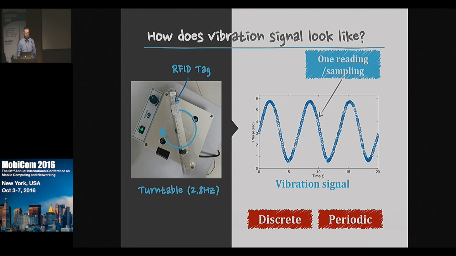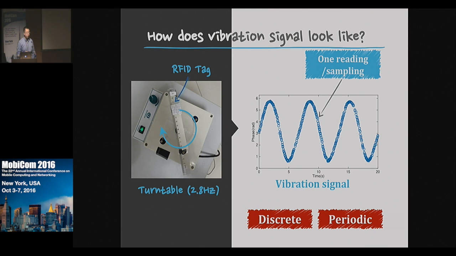To show what our vibration signal looks like, I performed an experiment. I attached an RFID tag on a turntable and let it spin at a frequency of 2.8 Hertz. And this figure shows our phase readings, namely, our vibration signal. We can see that our vibration signal is discrete and periodical.